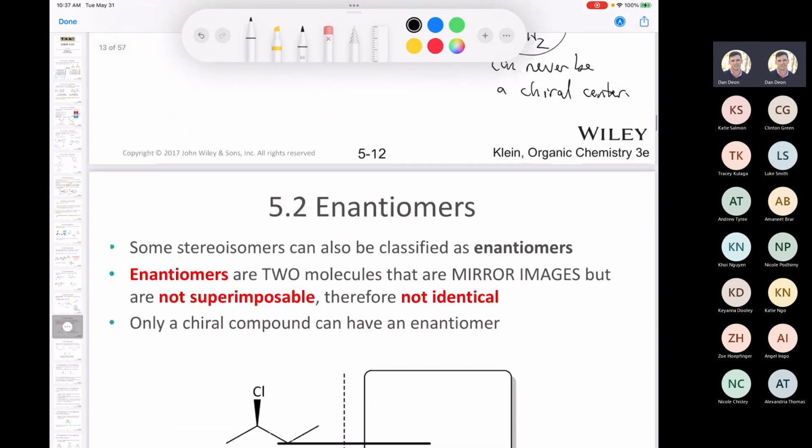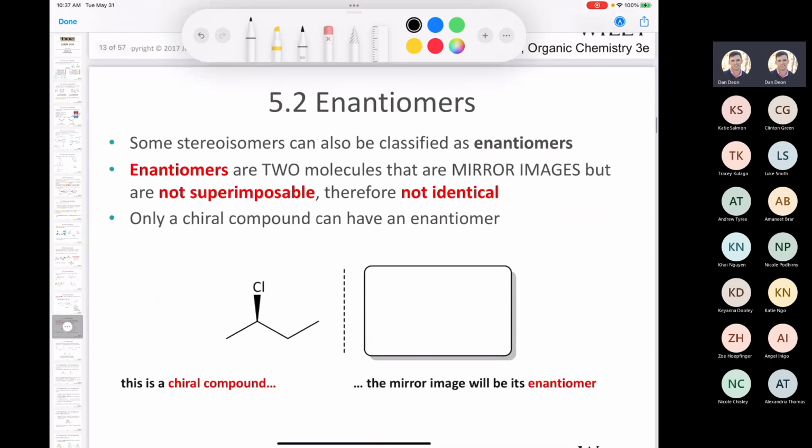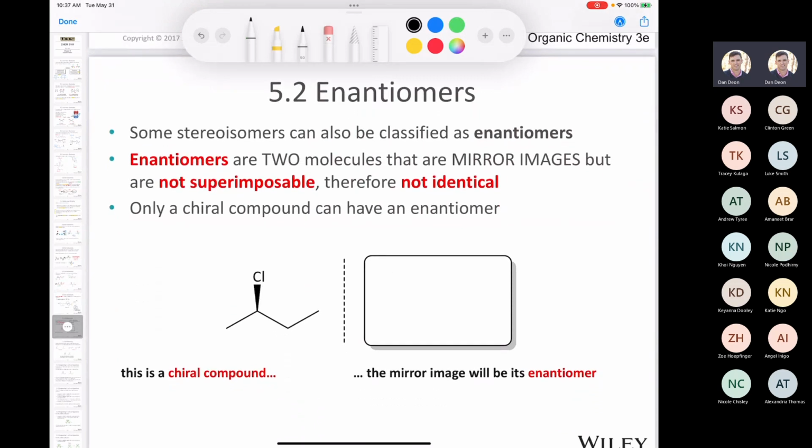Now, let's get back to this whole idea of non-superimposable mirror images. When we have stereoisomers that are mirror images that are not superimposable, like the human hands, the name that we use for those are enantiomers. So this is a word that's going to come up a lot now. I haven't used it until this slide, but enantiomers are non-superimposable mirror images.